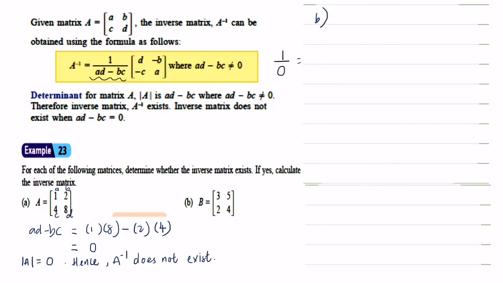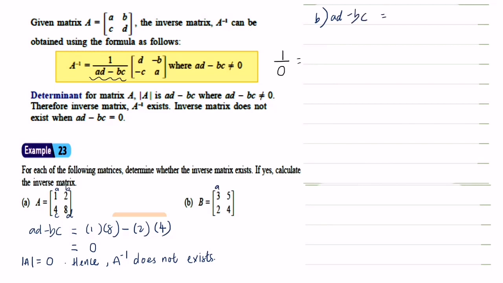Now we try to answer B. The matrix B equals 3, 5, 2, 4. Again, we determine whether inverse matrix exists or not. AD minus BC.